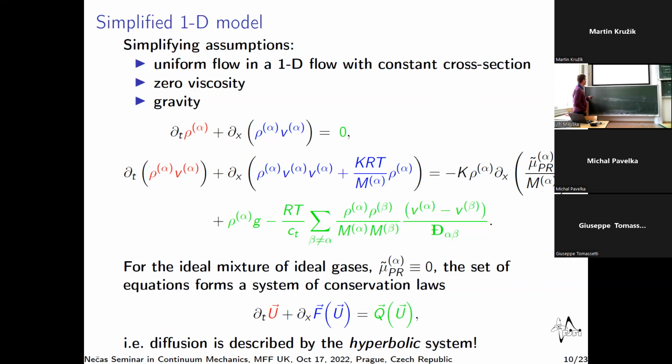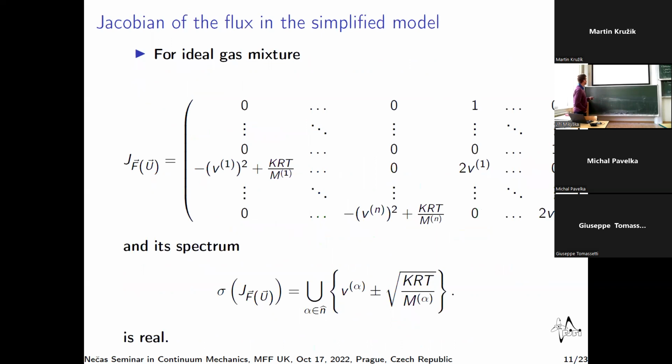But really, if we take a look at these blue terms, which are the flux function, and we compute the Jacobian, we are assuming ideal gas, and no diffusion, no viscosity. So basically, it's the same thing as if you want to investigate Euler equations rather than Navier-Stokes.